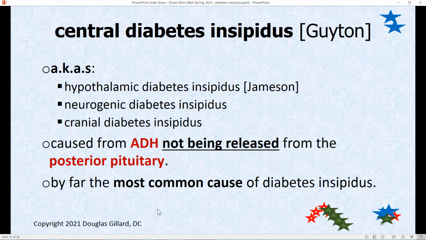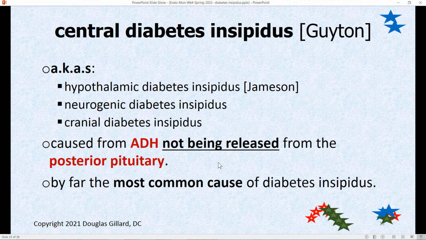Central diabetes insipidus has some AKAs that give it away. Hypothalamic diabetes insipidus, neurogenic diabetes insipidus, cranial diabetes insipidus. So this is going to involve the hypothalamus, so we already can figure what's going on here. So the problem here is that ADH is not being made by magnocellular neurons, or something's wrong with the neurons.